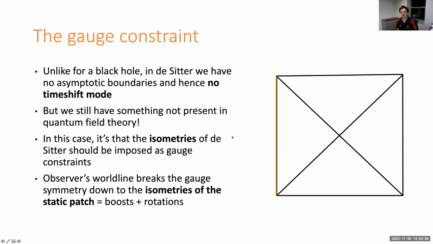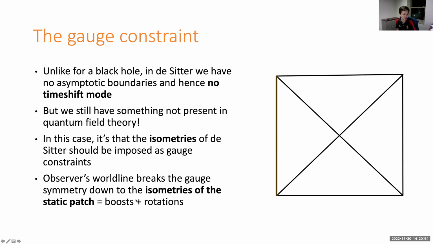Because we've picked out some observer's world line, that breaks some of those isometries further, down to the isometries of the static patch. These consist of just boosts, time translations of the static patch basically, and rotations.